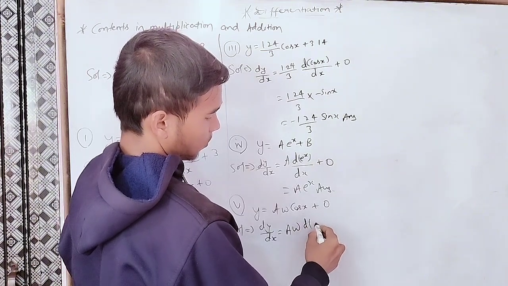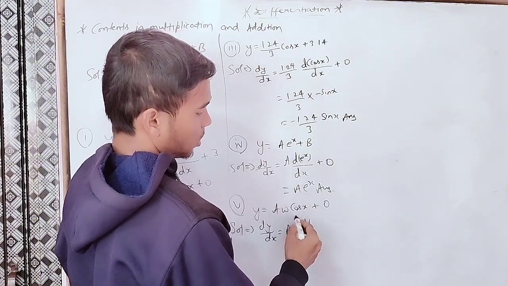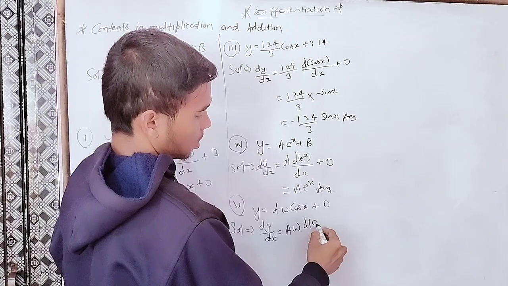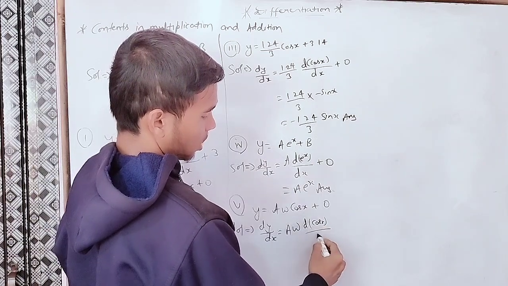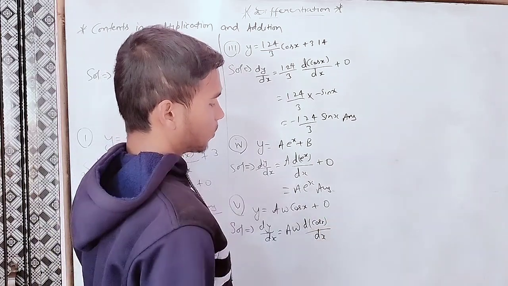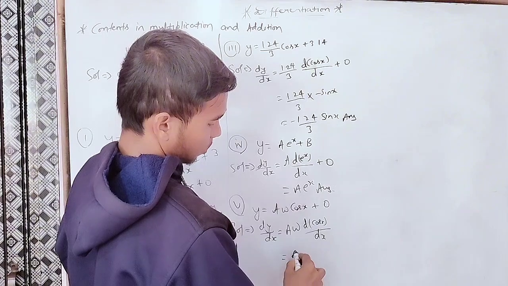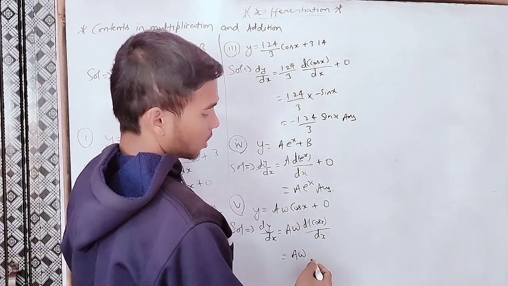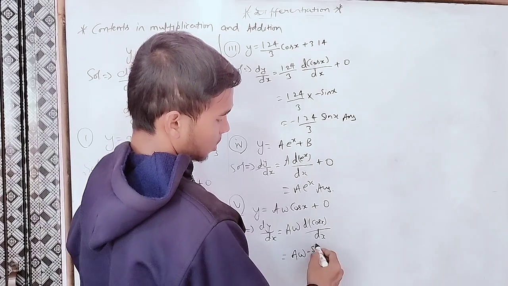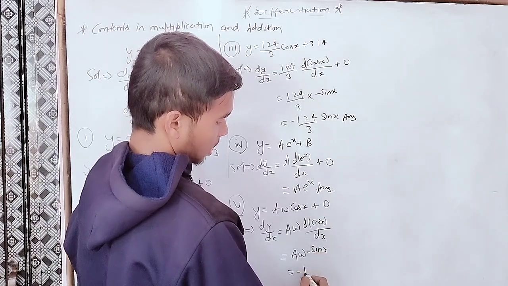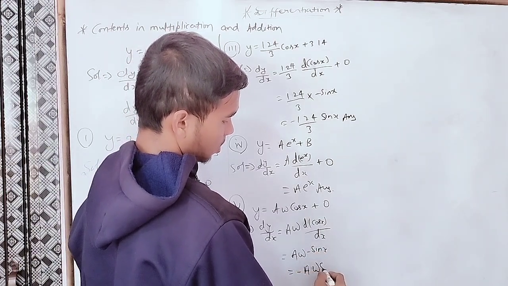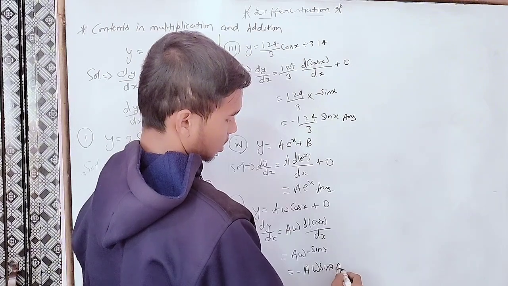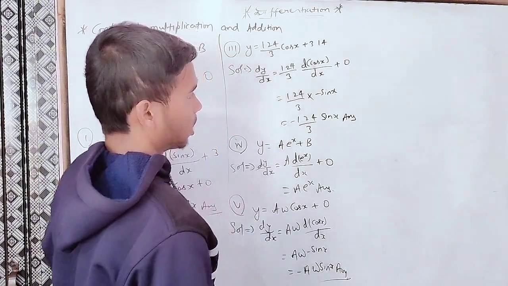So we are going to represent cos x. Okay, and already we have 0. So a w will remain the same. Cos x, differentiation of cos x is minus sin x. Can we write a w sin x with a minus?